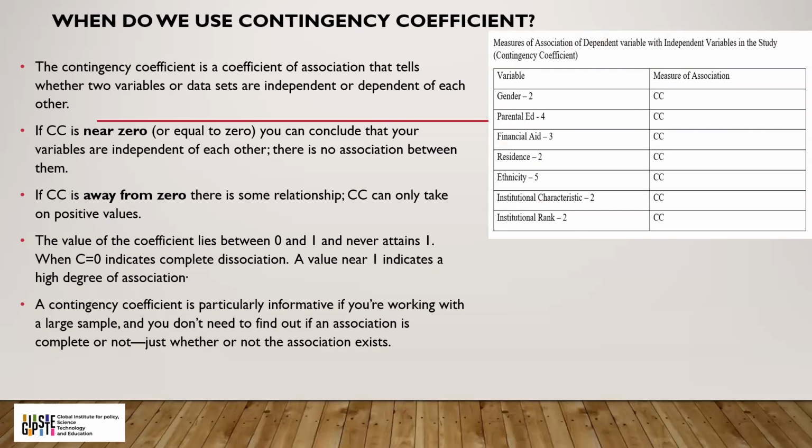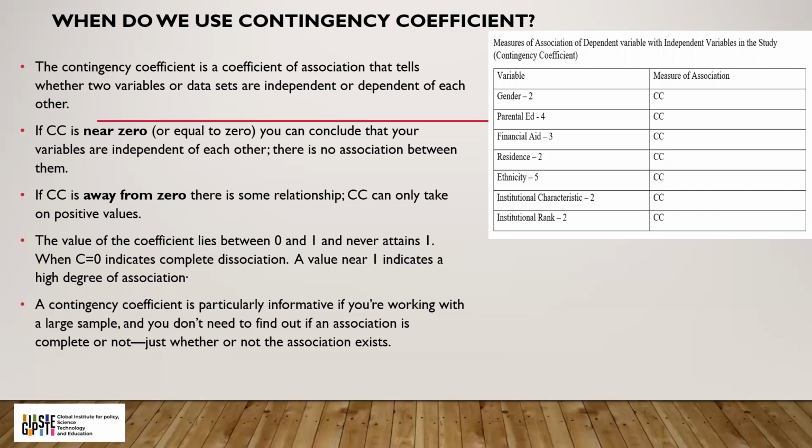So if you want to measure the association of the dependent variable with the independent variable when we are dealing with categorical variables, could be nominal, could be even ordinal, we can still use the contingency coefficient. Whenever you are trying to measure association between categorical variables for dependent and independent variable, then first you need to try the contingency coefficient.